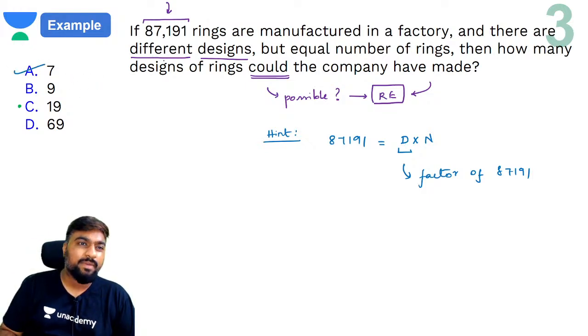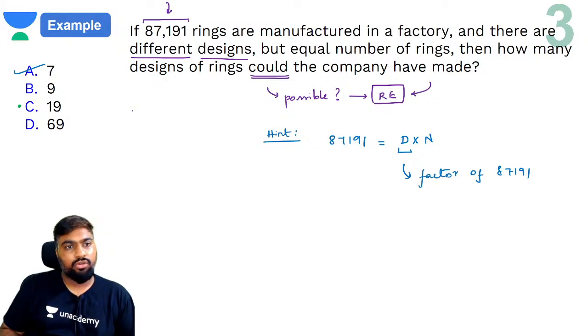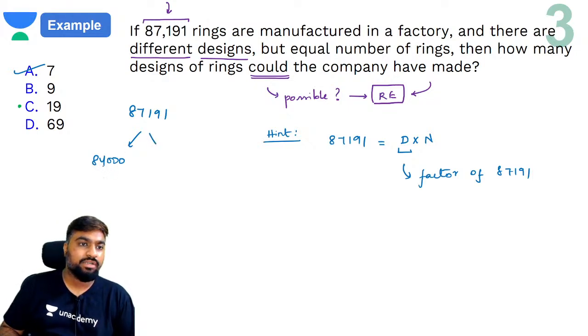If this question came in CAT, you have a calculator, quickly divide and check. So what do you do here? From 87,191, you can remove 84,000, because 84 is divisible by 7, so 84,000 will also be divisible by 7.